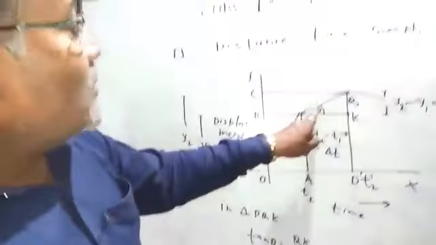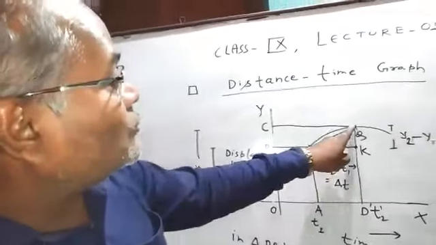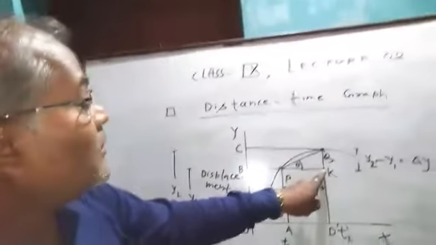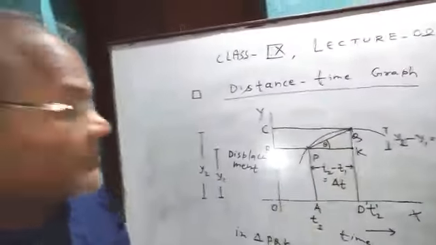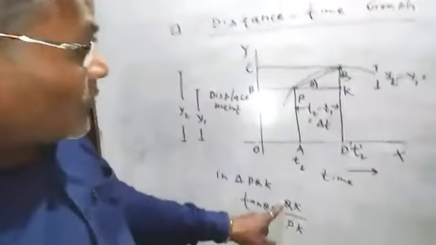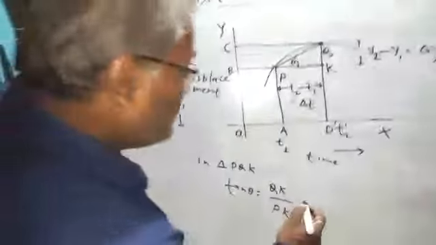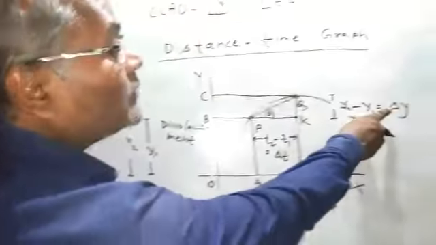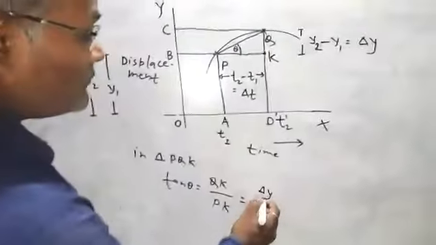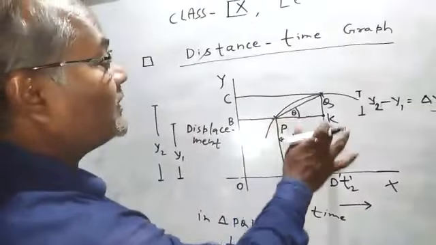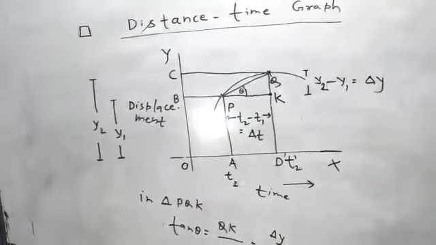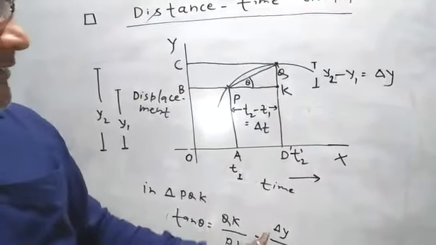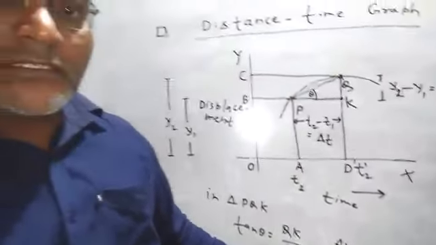QK is the perpendicular with respect to this angle, and PK is the base. So tan theta is equal to QK upon PK, where QK is delta y and PK is delta t, so tan theta is delta y upon delta t.